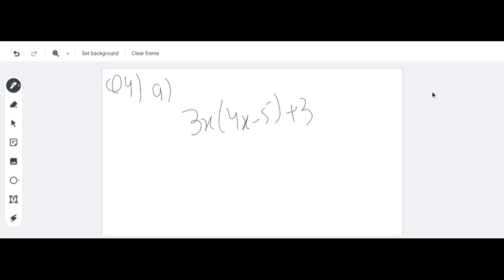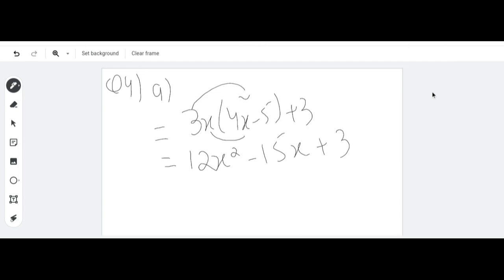Okay, I will simplify this for x. I will multiply 3 inside this term. It will look like 3 fours are 12, x with x becomes x square, and 3 fives are 15, so 15x plus 3. This is the last expression.